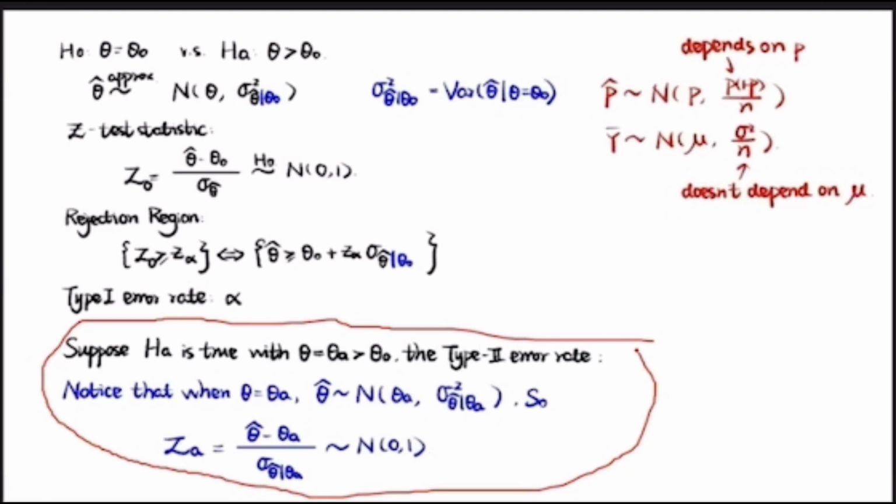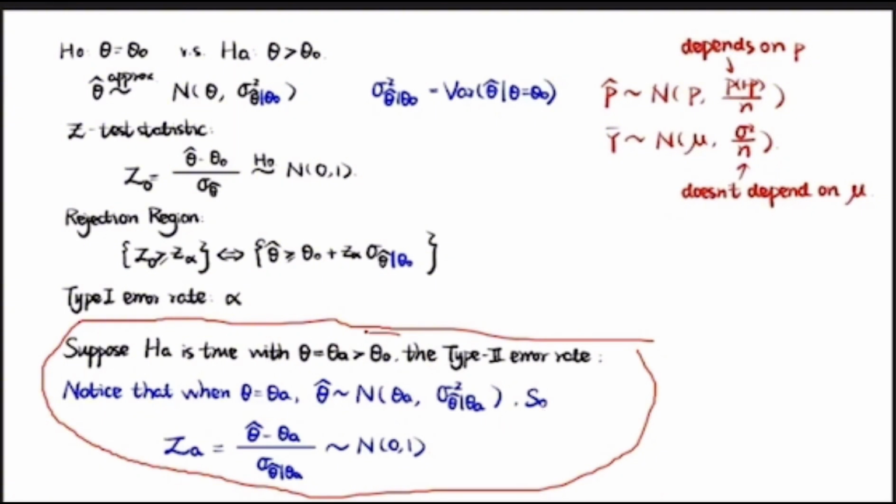The type 1 error is the probability of my test statistic being greater than whatever, given that the null hypothesis is true. If I want to compute the type 2 error, I'm not going to say given the null hypothesis is true. I'm going to say given the alternative hypothesis is true, and I'm going to use the complement of the rejection region.